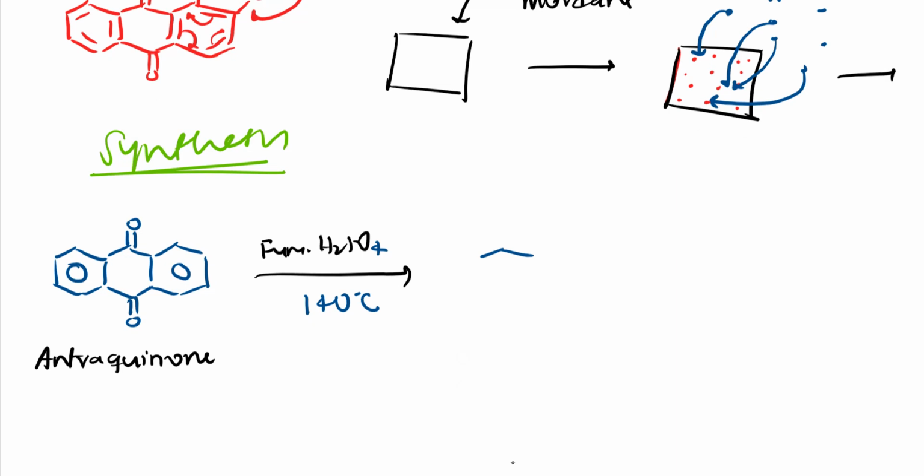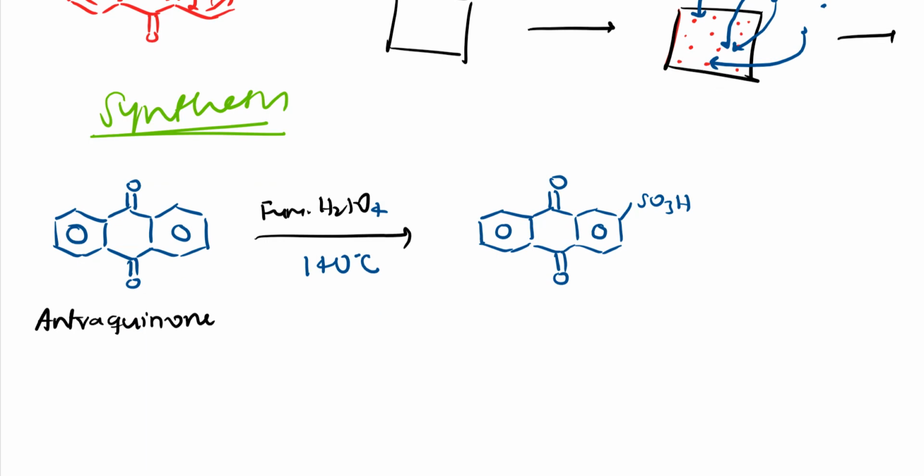Everything else remains the same, but at this position an SO3H sulfonic acid group comes. So there is a benzene ring here, double bond O and double bond O. The name will be anthraquinone 2-sulfonic acid. This we got.